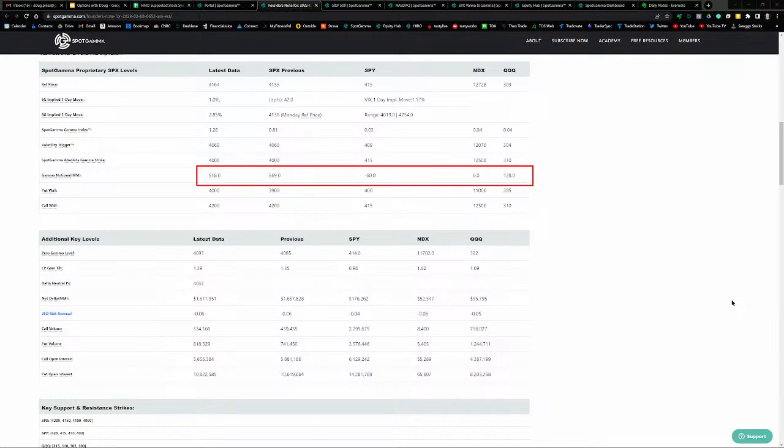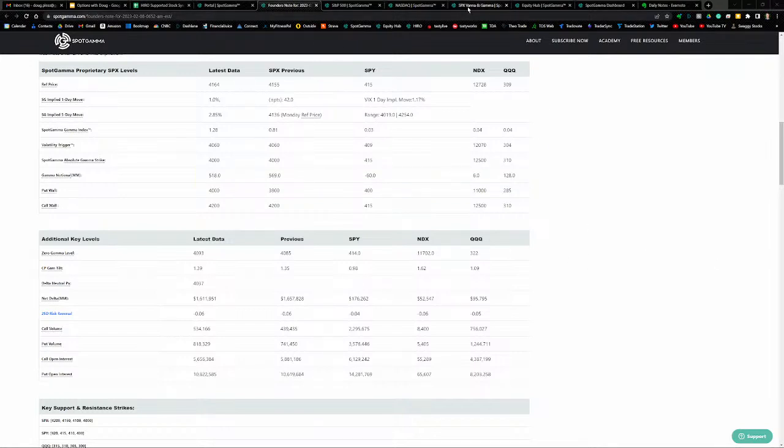So just very slightly negative for SPY. And then QQQ yesterday was minus 83, and today shifted to a positive 128.